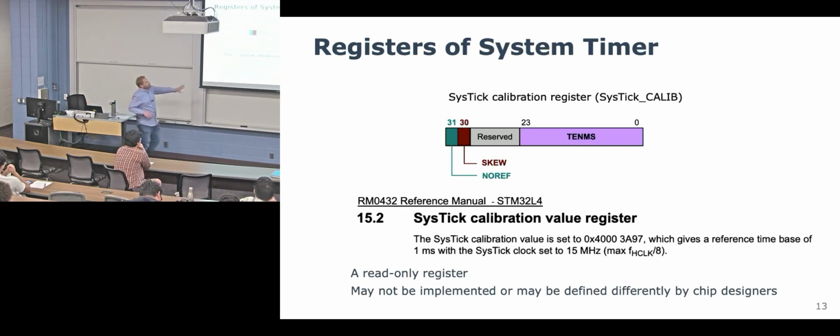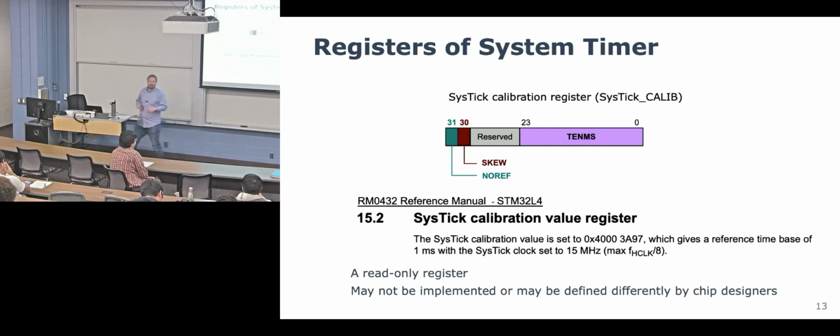Anyways, that's the detail. It's just saying, if you want to precisely be able to count the passage of time for 1 millisecond, you can pull out the calibration value, and that's the value you need to put into, say, your reload, and then you'll have a timer or interrupt that goes off after every millisecond. So you don't necessarily have to do all the mathematics to figure out what that value is. You can just pull it out of that register.